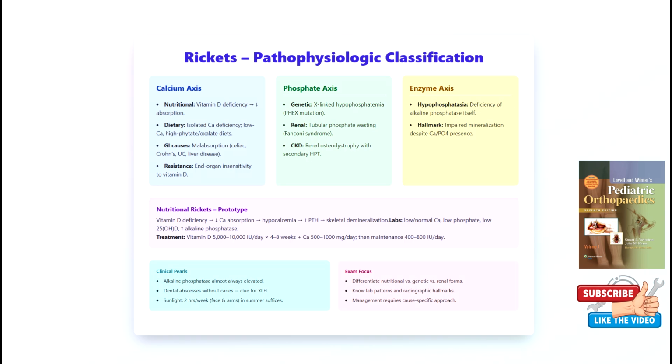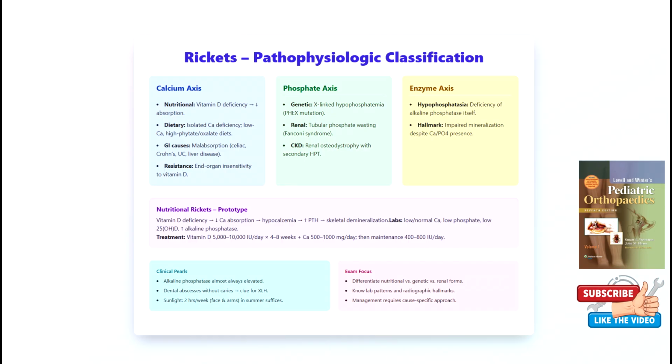For difficult cases, single high doses of vitamin D, 200,000 to 600,000 IU orally or intramuscularly, have been used with good results, though careful monitoring is required to avoid toxicity. And do not forget sunlight exposure itself. 2 hours per week of sun on the face and arms is enough in summer to maintain adequate vitamin D production.